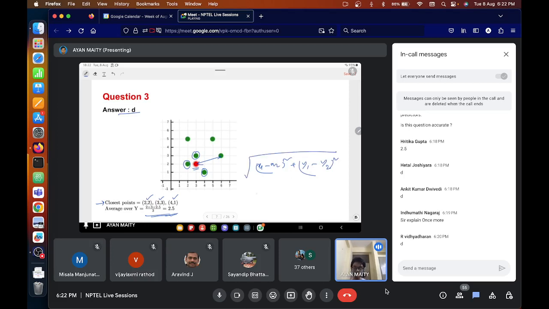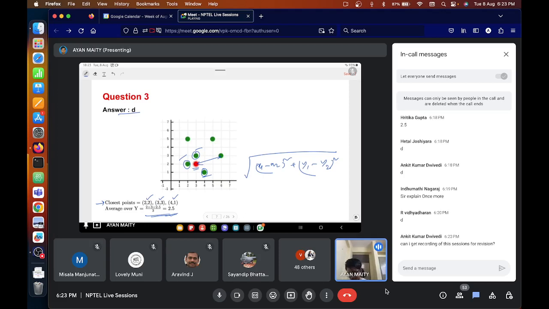So this is how you find out the Euclidean distance. If you find out Euclidean distance, you will find out that these are the three closest points. If you just plot those points on a 2D plane, you can simply see which are the closest points. Those are the points with the least Euclidean distance values from the test point.